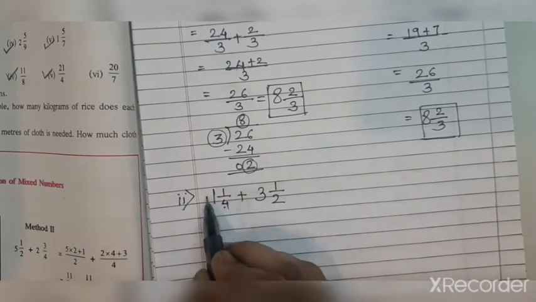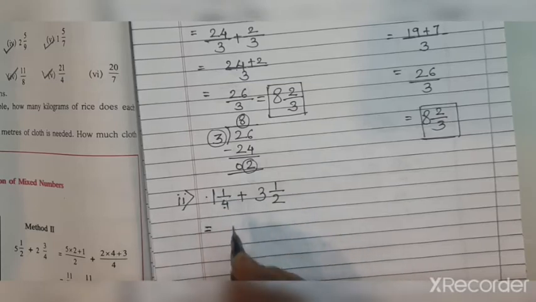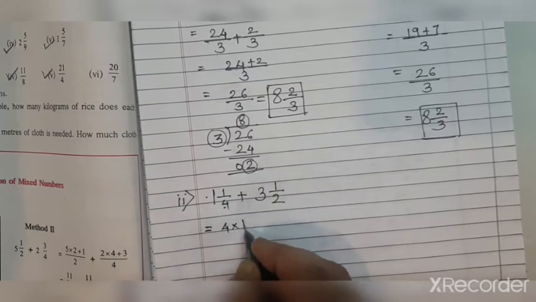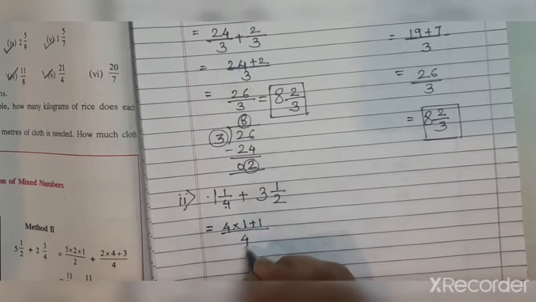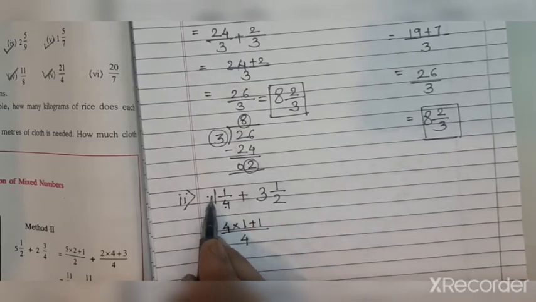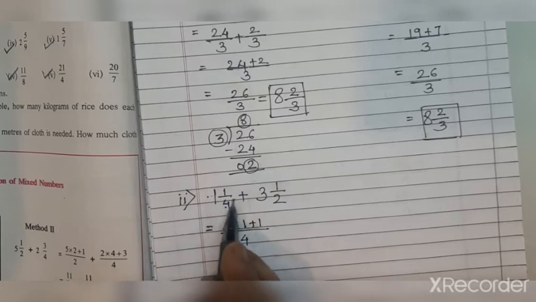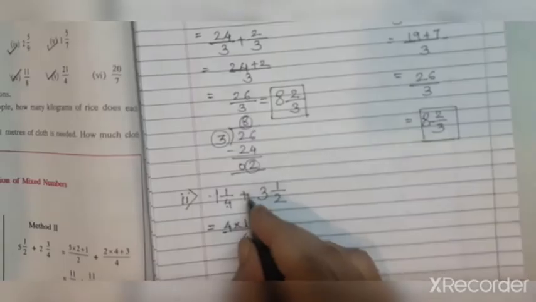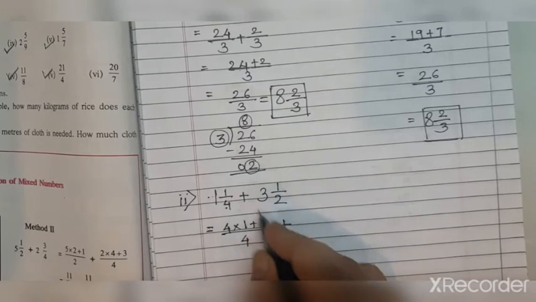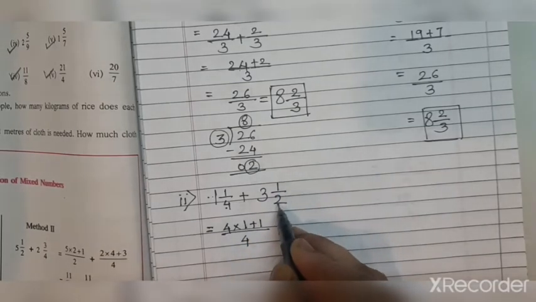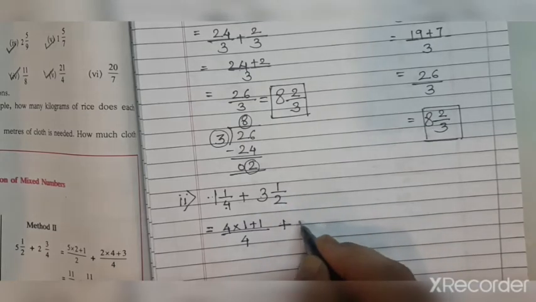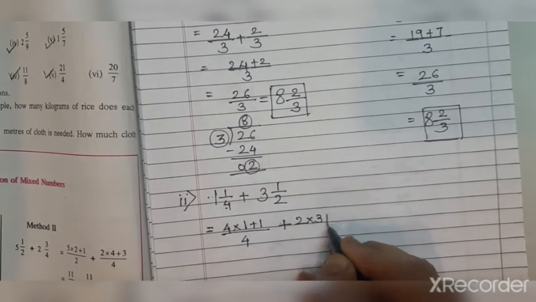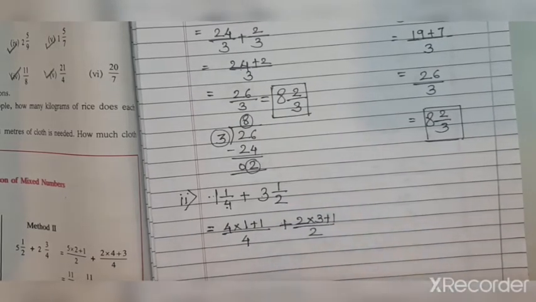4 multiplied by 1 plus 1 upon the denominator 4. This plus sign I am putting here. Now this: 2 multiplied by 3 plus 1 upon 2.